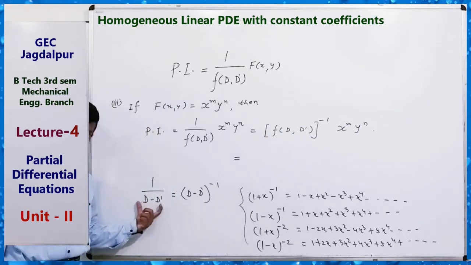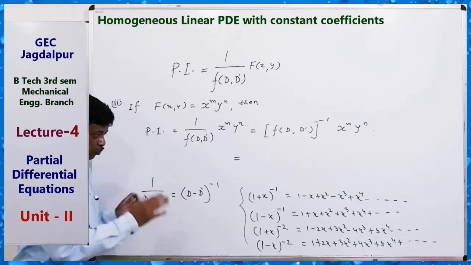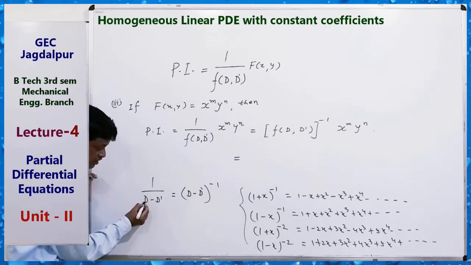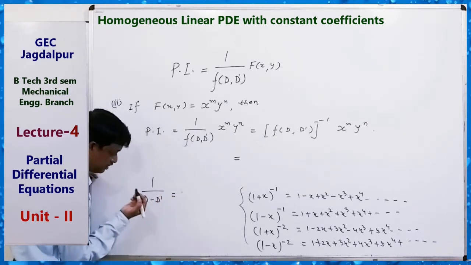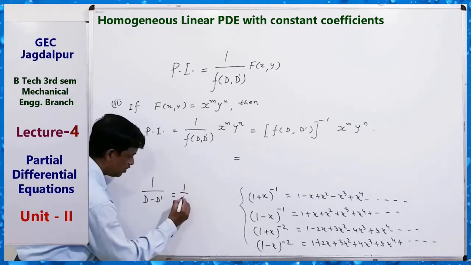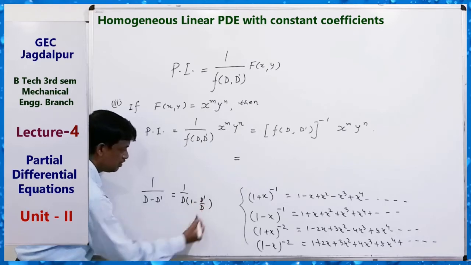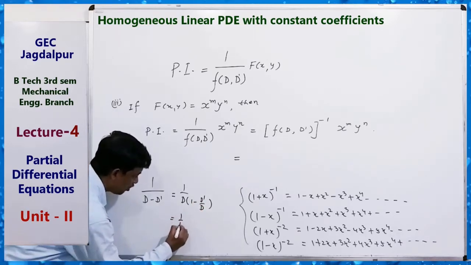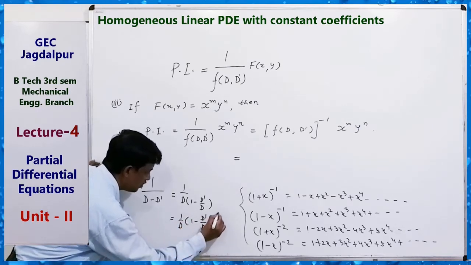So for this type of factor, you can write like this. First of all, take common D: 1 upon D, (1 minus D dash by D). This is the common. So we can write 1 upon D, (1 minus D dash upon D) power minus 1.